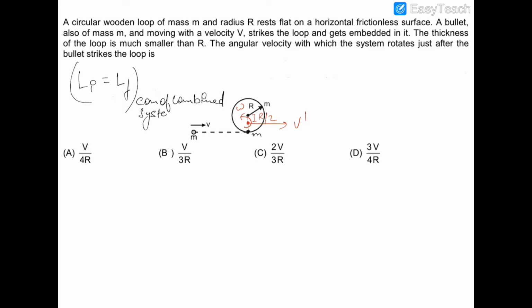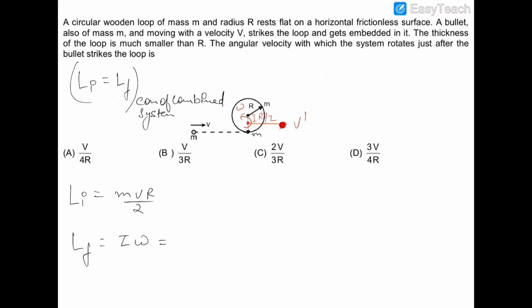Okay, so the initial angular momentum about this COM will be mvr by 2, and the final angular momentum about this COM will be I omega only, because this velocity v dash is passing through this point only.